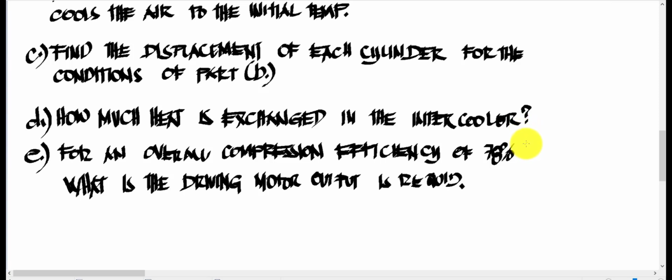And for letter E, for an overall compression efficiency of 78%, what will be the driving motor output required?